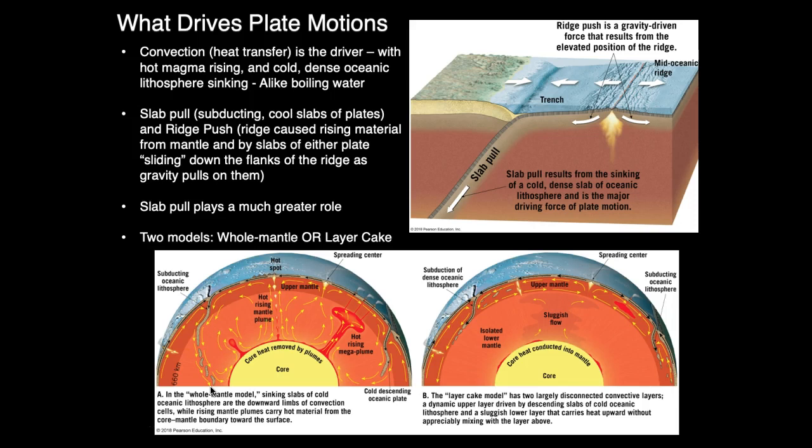So these are the hot, cylindrical, tube-like, mega rising plumes that are suggested, and the slab sinking all the way to the mantle core boundary.